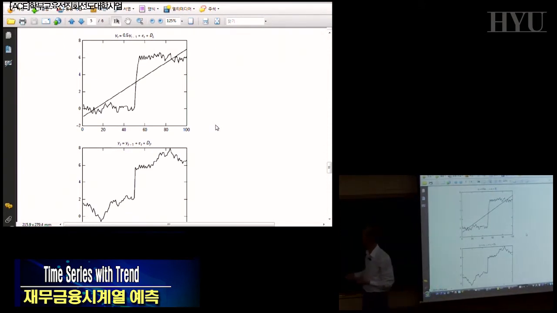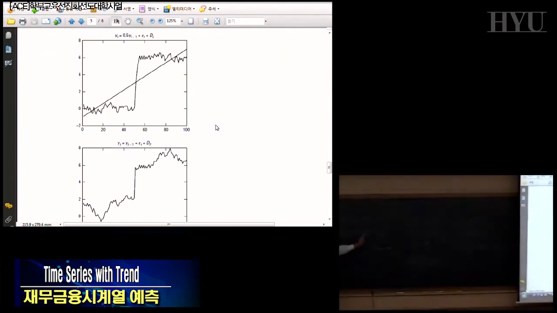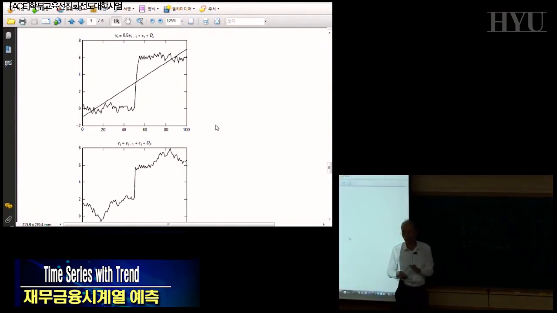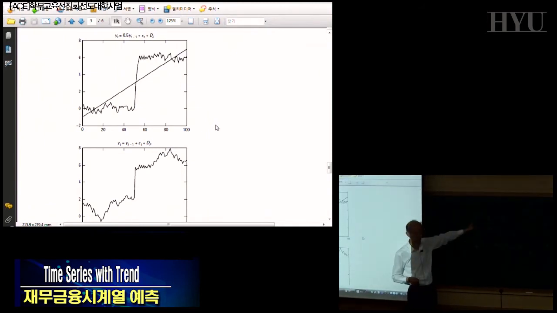So by now we know that if a stock price follows a random walk, then what is the best forecast? The best forecast for yt tomorrow is the current value, right? Current value. Not predictable, right? Future value.